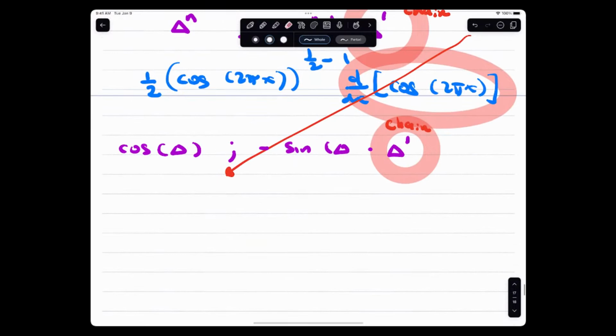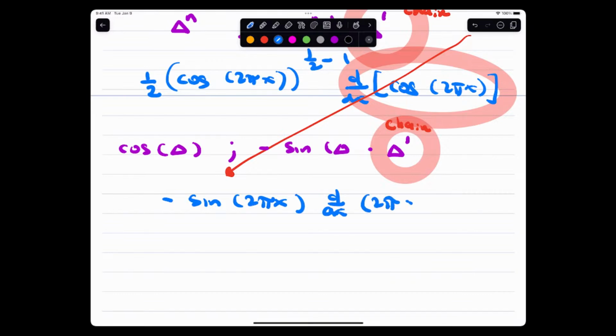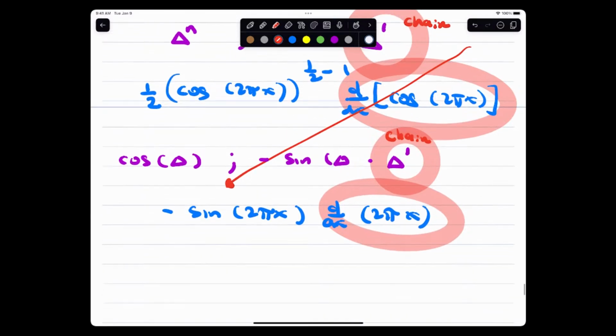You say, okay, what's the derivative of cosine of that 2 pi x? Well, it's minus sine of 2 pi x times the derivative with respect to x of 2 pi x. Is that right? Don't forget that this also has a chain. Okay, you guys with me on that one?